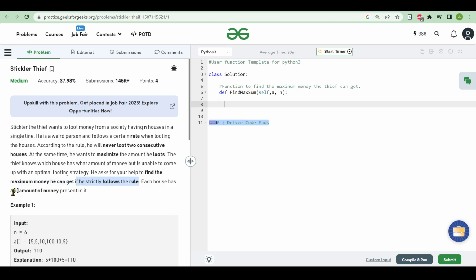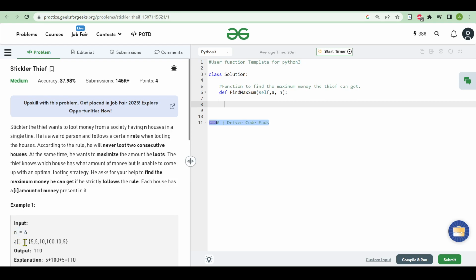Each house has an amount of money present in it. What is written here is this much only: we will be given an array like this, and each value in this array represents the value of money in that house, and we will be given n, that is the number of houses in a single line.